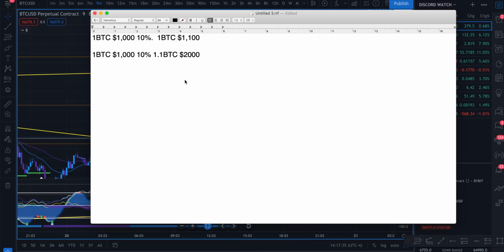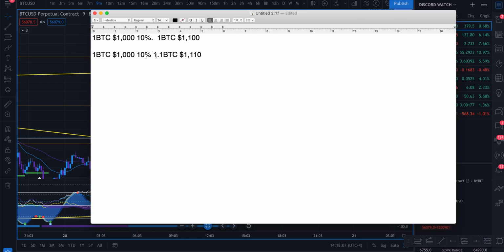So let's say your one Bitcoin went up 10%, and now you have $100 profit. If you take out your $100 profit, now you only have 0.95 Bitcoin or something like that, right? You have less than one Bitcoin. But if you're trading inverse perpetual and you have one Bitcoin, and that one Bitcoin goes up 10%, now you have 1.1 Bitcoin, which means you can take your profit off the table, and you still have one Bitcoin.